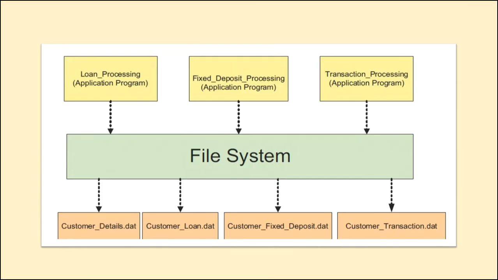There is a chance that it may corrupt, because there is no locking mechanism here. Unlike databases, we don't have any locking mechanism, right? That means a lot of concurrency-related problems will come also. If you talk about customer transactions, now you are maintaining the customer banking transactions here, right?